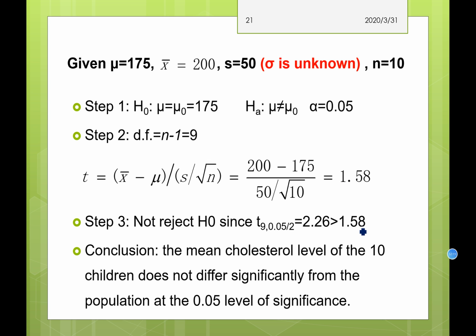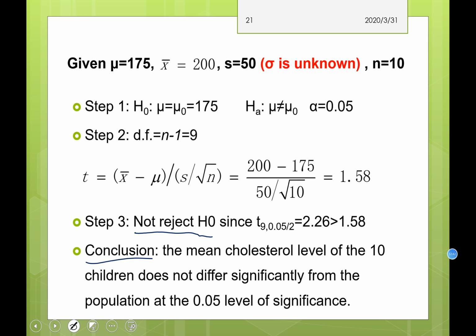Okay, let's go back to this slide. Now we have two ways to prove p is bigger than 0.05, bigger than alpha, and we can know the conclusion. The conclusion should be not reject H0.